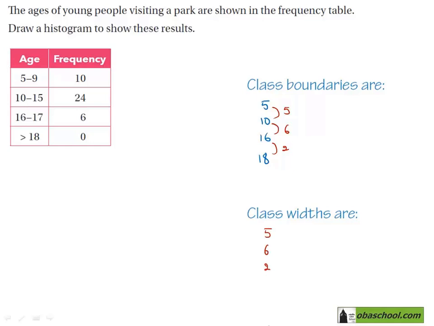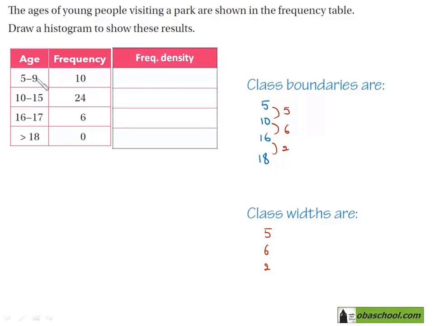So we do not have equal class boundaries. So the class widths in such case are 5, 6, and 2. Obviously they're not equal. In previous examples, we used to have the class widths equal. In such case, they were limited to 5. But in such case, they are different.